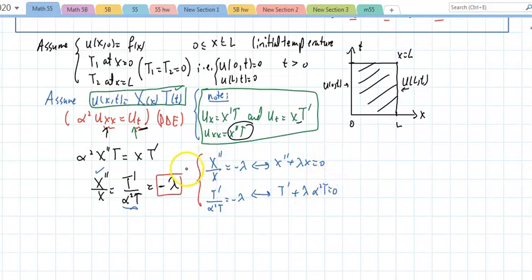This is a system of equations, and those are ordinary differential equations. By making these substitutions, we're going to convert the partial differential equation to ordinary differential equations.